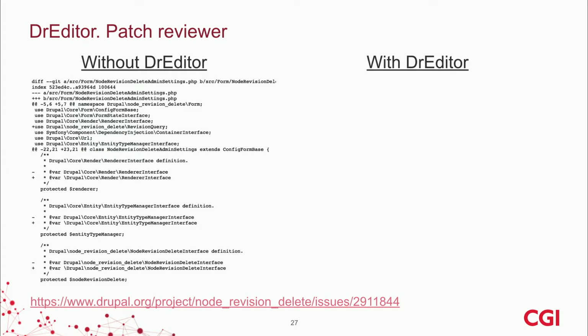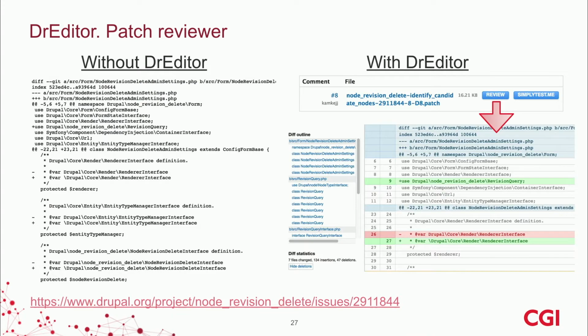If you don't have this tool and you try to review a patch from the Drupal site, you will see something like this. It's too hard to find what you have modified and where you have modified the code, but if you use the tool, it's very different. You will see in green the new lines, in red the lines that the patch will delete.